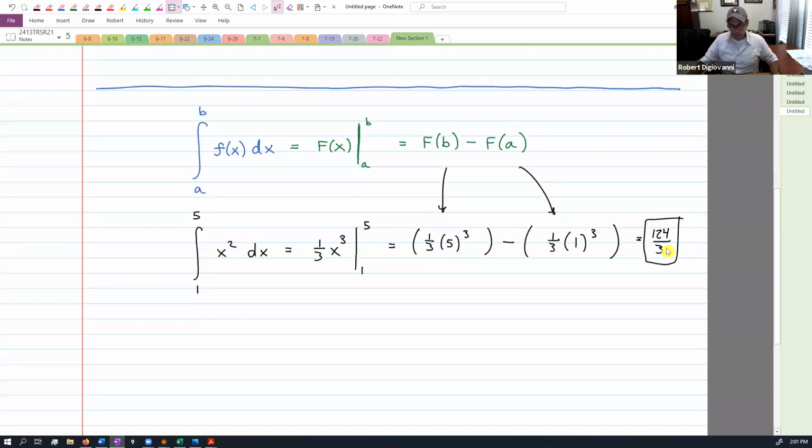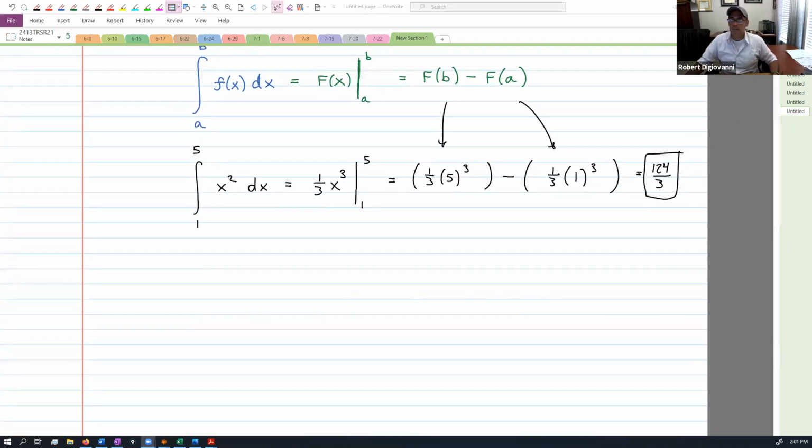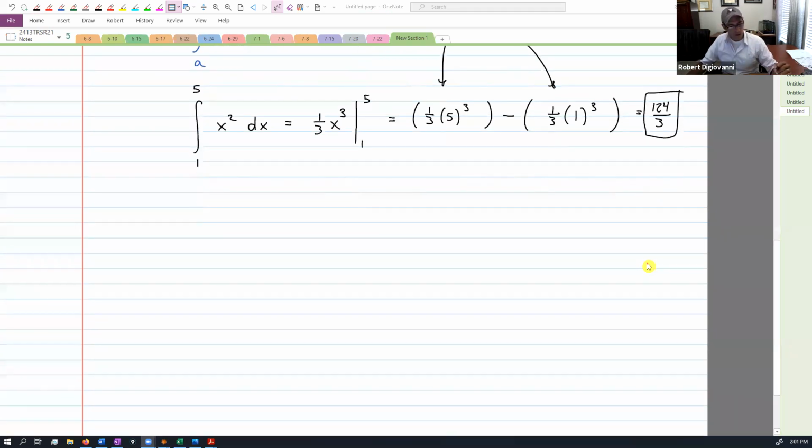Your turn. I'm going to give you about 3 or 4 to do. Okay, here it is. So this is just practice. I want you to do the integral. So listen to the way I say this. I want the integral from 1 to 3 of x to the 3rd plus x plus 2 dx.